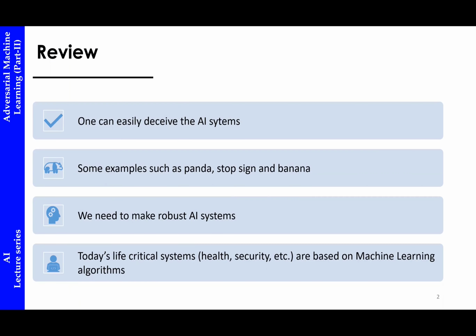In the previous lecture, we learned that one can easily create samples in input space that are very similar to the validation data, but with very divergent prediction scores. You remember the example of the panda, which was misclassified as a gibbon by adding a small perturbation, and also the traffic signs.